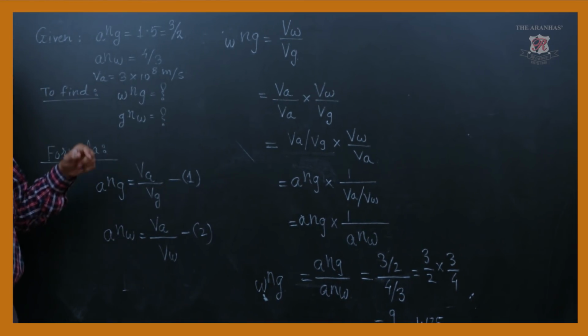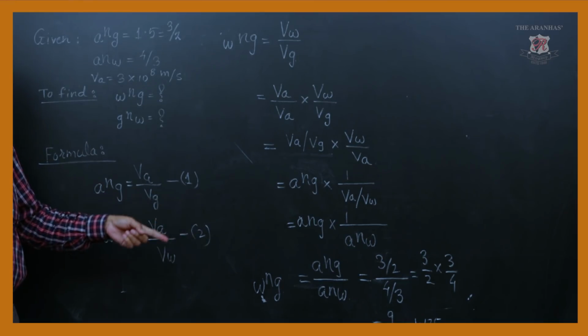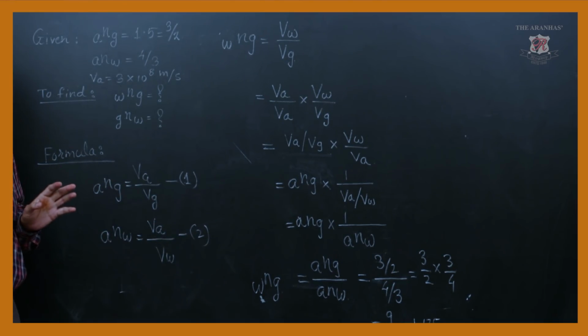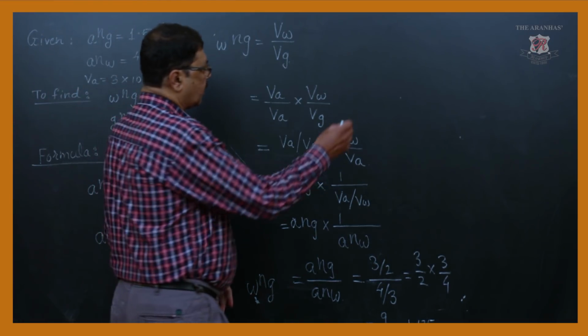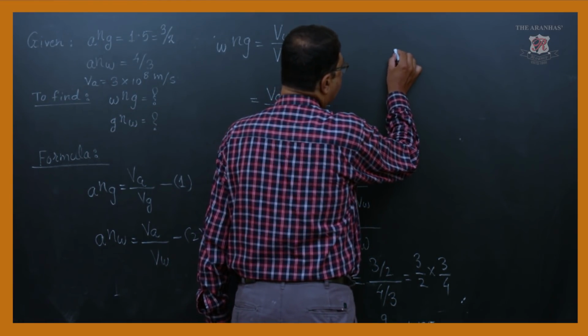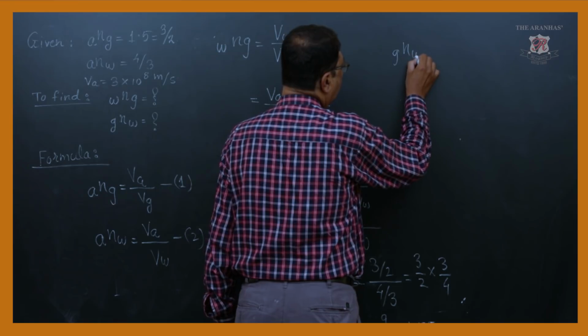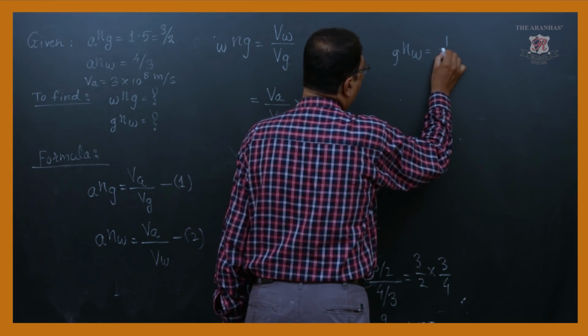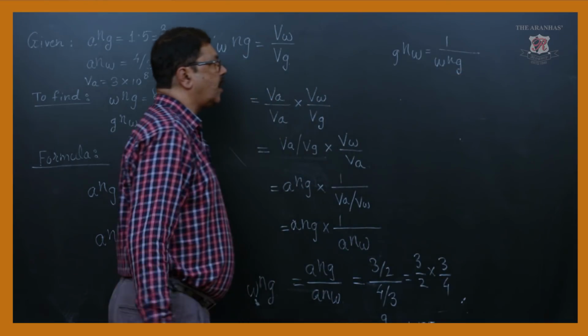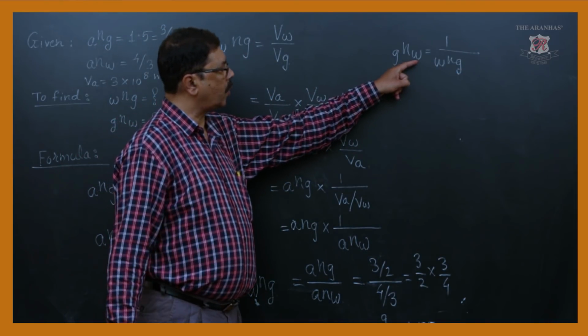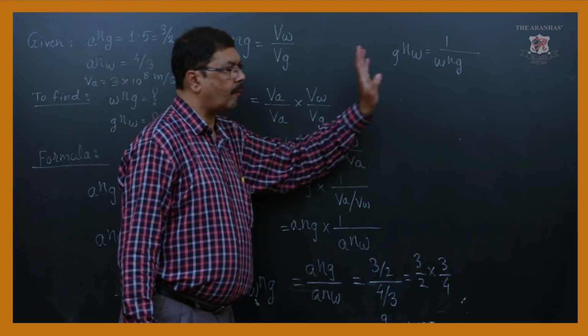Now check the answer which you have got by the basic method. We have solved this by a different method where we got the same answer, 1.125. Another easier method: gNw is what? 1 upon wNg. This we have already done: 1 n 2 equal to 1 upon 2 n 1.